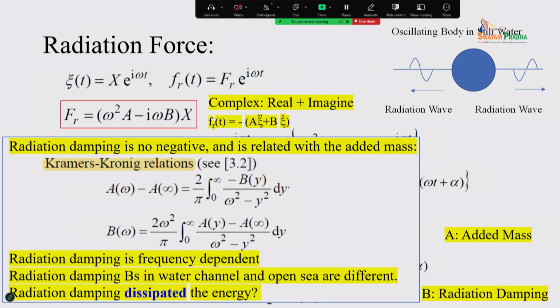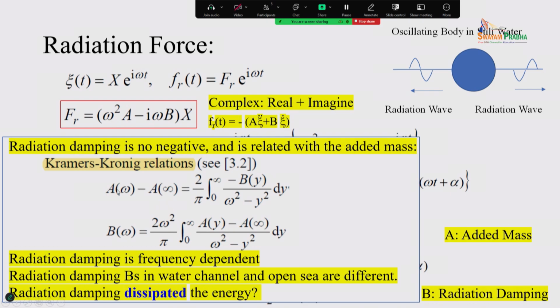Okay, so radiation damping and added mass are related with each other. They are not independent, right? Under certain conditions, this can be calculated, okay? And also radiation damping is not negative, okay?